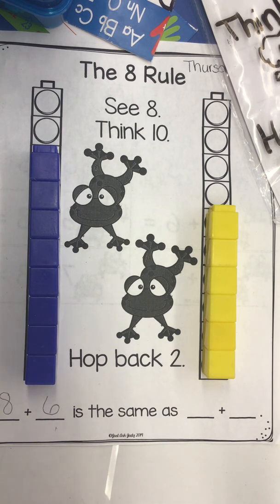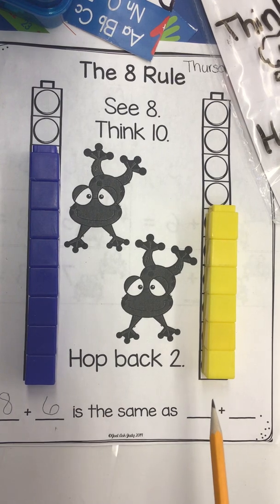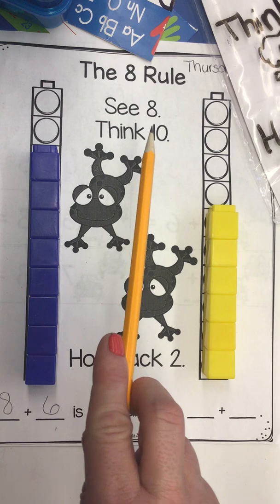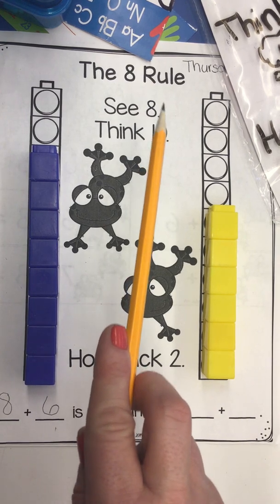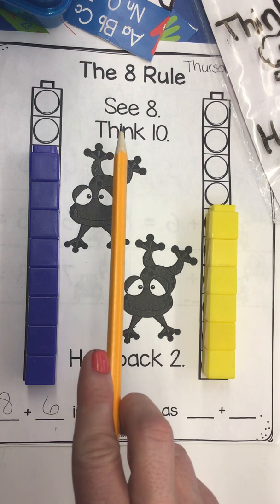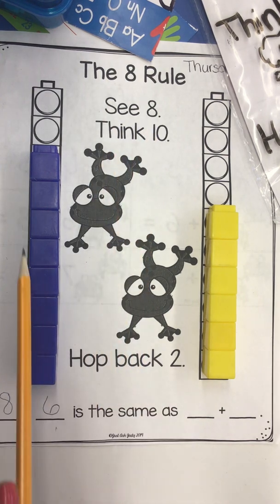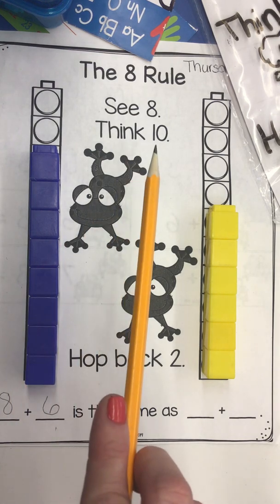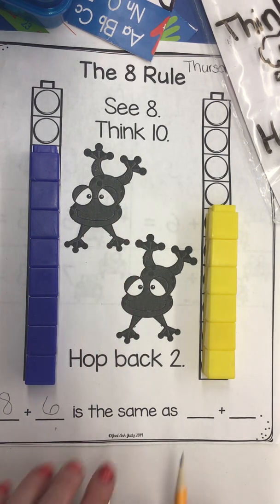The answer's the same, but the problem's going to be easier if we make 10, okay? So, the 8 rule, just like the 9 rule. Here's your 8, but let's think 10 instead.